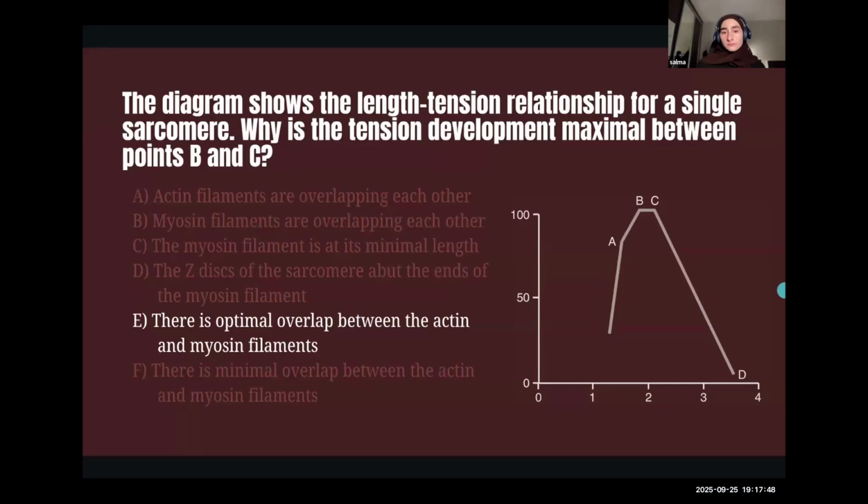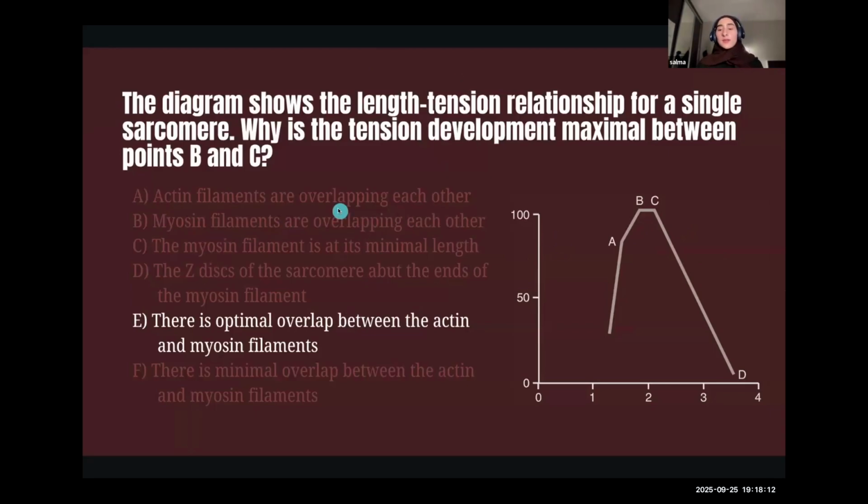Why is A wrong? Or in other words, where would you see actin filaments overlapping each other? Technically at rest, when there is no room.